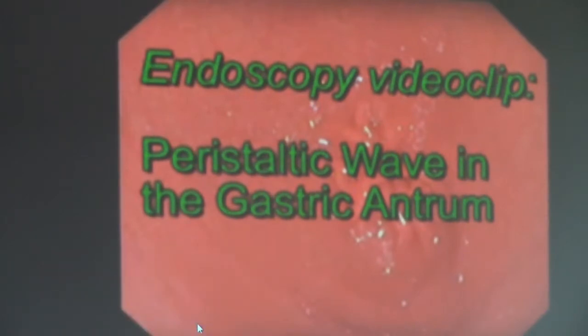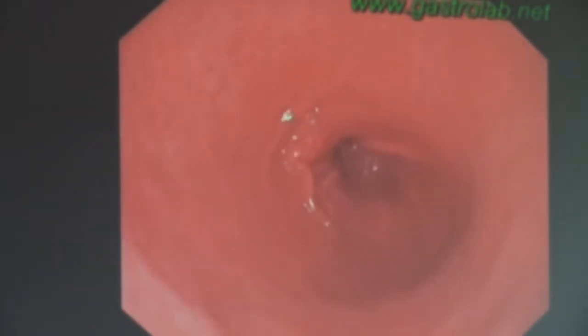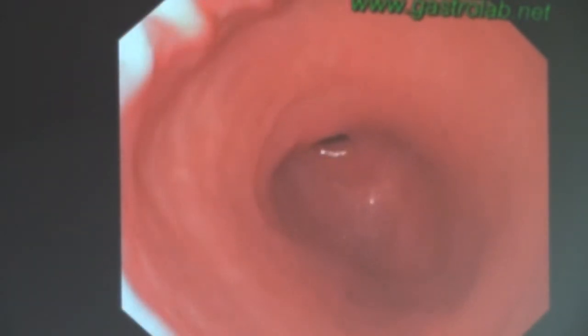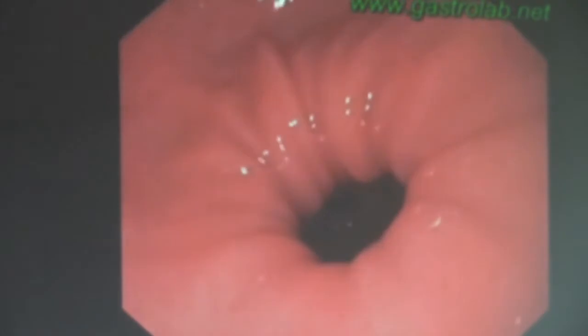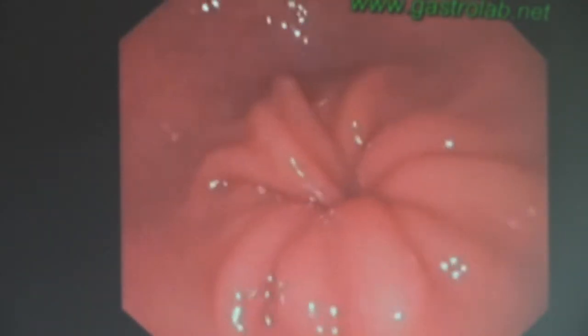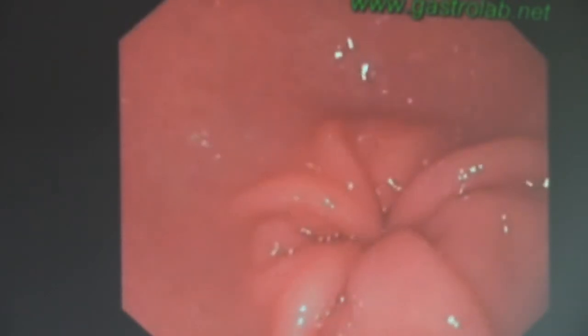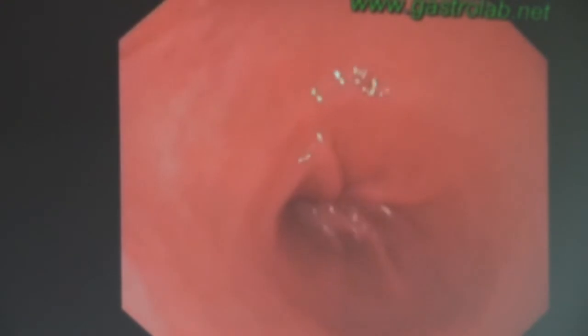So what you're seeing is a wave of peristalsis in your stomach. Who knew that you had something so alien looking inside your body? There's this wave of peristalsis squeezing a bolus of food, chyme, now pushing it down towards the pylorus, and then opening it up so that it's mixing with the content that's towards us.